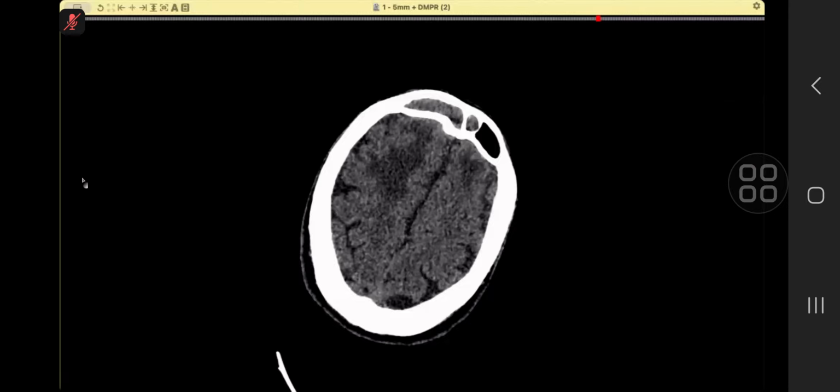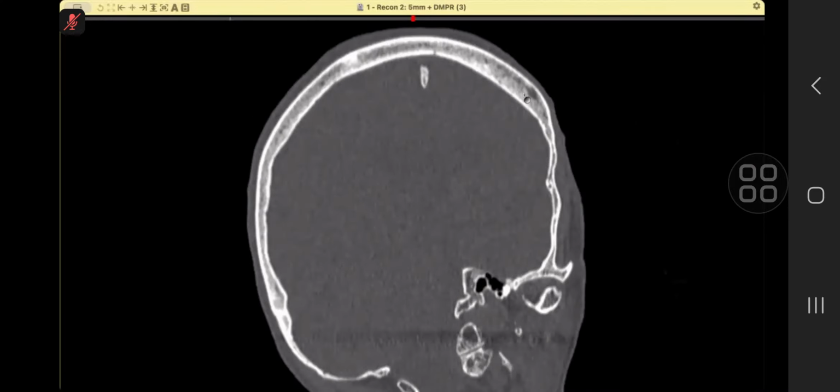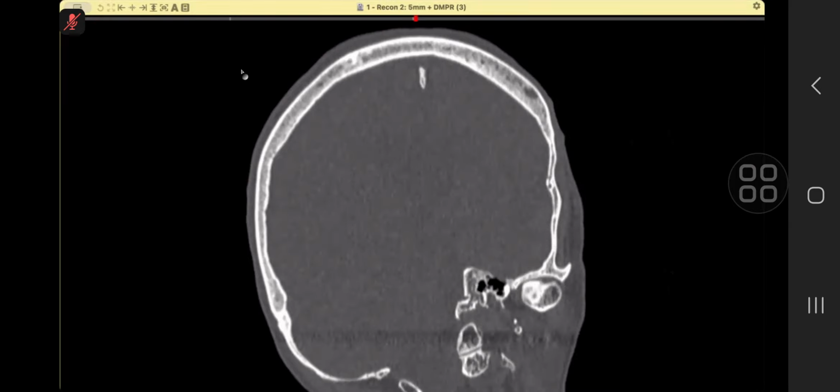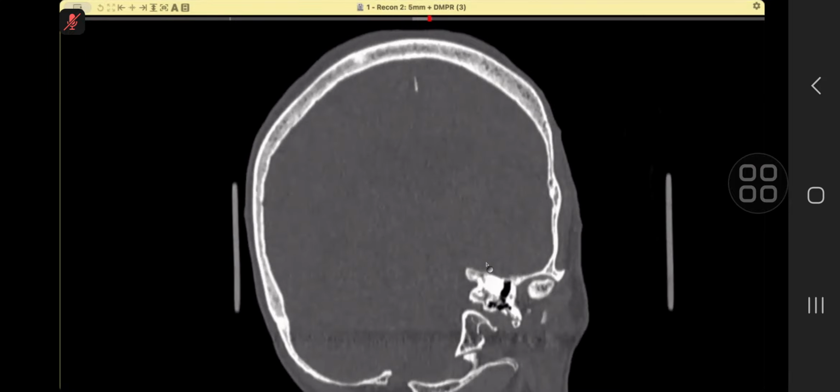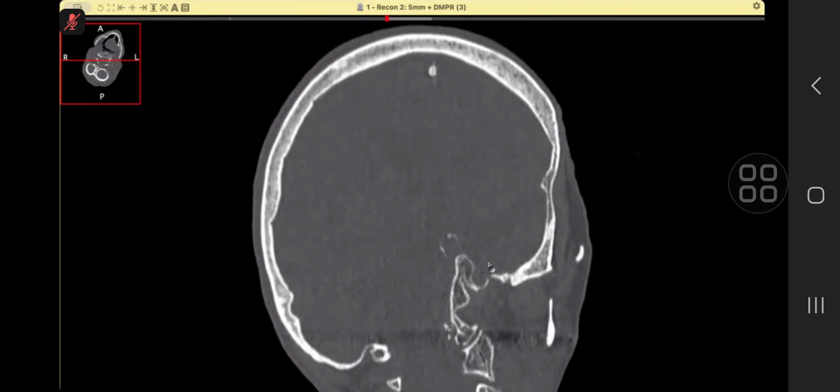You want to see what? Coronal bone window. Coronal bone window. Yes. Here you are. The patient is not cooperative, so it is quite a rotated type of skull.